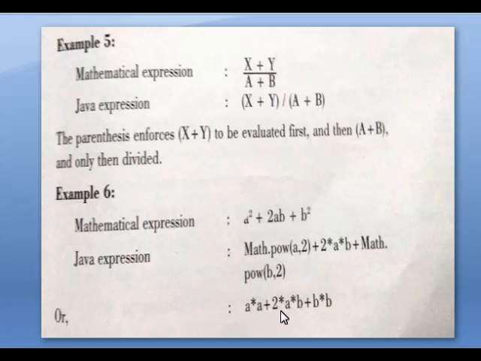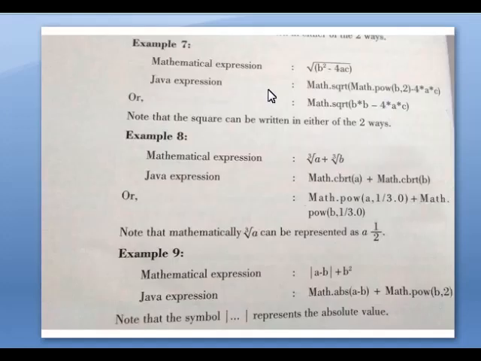Example number 7, the mathematical expression is square root of b square minus 4ac. So the Java expression is Math.sqrt of, because the square root is common to all of b square minus 4ac, so it is in the outer bracket. Inside, the inner bracket, we are going to write Math.pow of b comma 2 minus 4 into a into c.